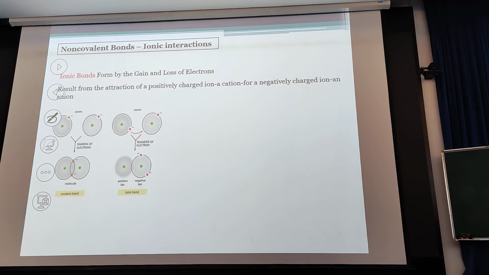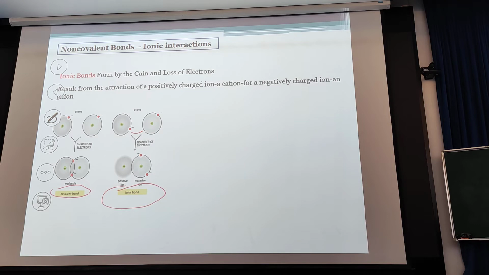So you can see in the examples, when two atoms share electrons, we have a covalent bond, and when two atoms transfer an electron from one atom to the other to complete the shell in both atoms, we have an ionic bond. That's the difference between the two kinds of bonds.